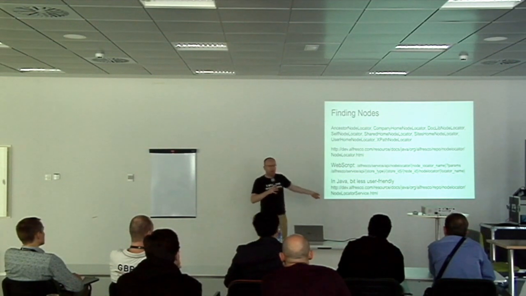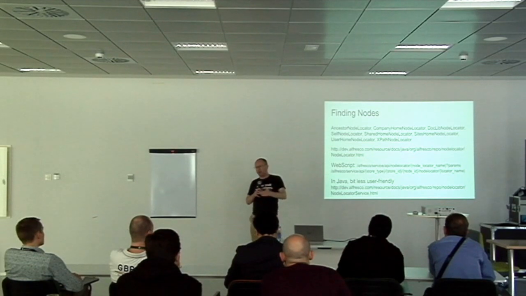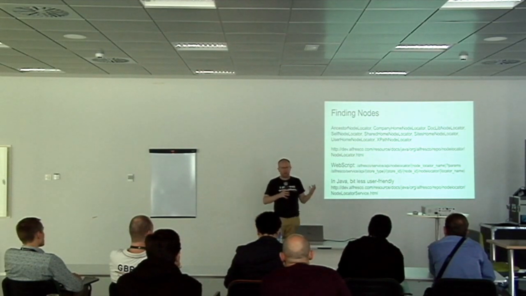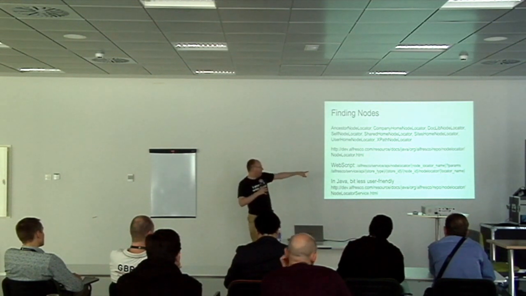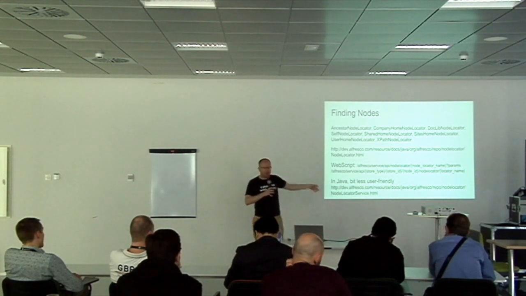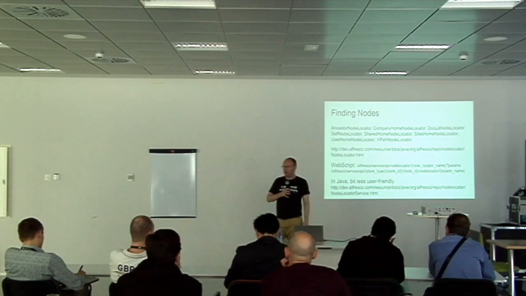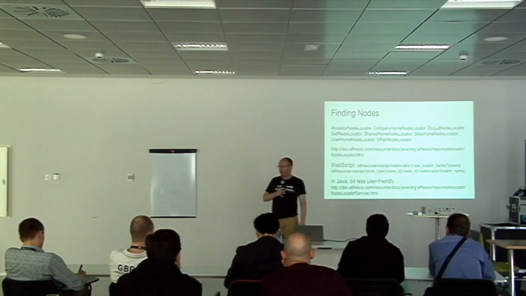Available in Java as well. So if you're finding yourself needing to get from paths to nodes or from one node to a parent or that sort of thing, and especially if you're trying to do it remotely, then the node locator REST API is really worth knowing about because it can be pretty quick compared to some of the other ways. Quite powerful and seems pretty buried.